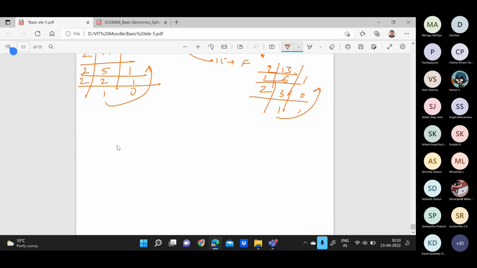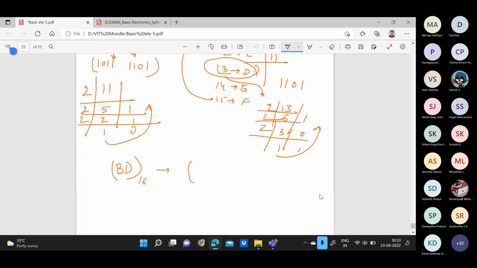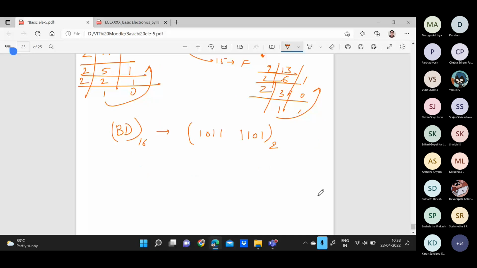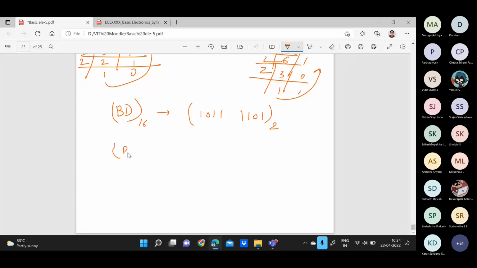So we have a decimal number system, we convert into the binary form like this, and for B the number is 1011. And for D, I can write down 1101. This is in the binary form. Now my question was to convert BD into an octal number. And as I told you, an octal number is a combination of 3 bits of binary.